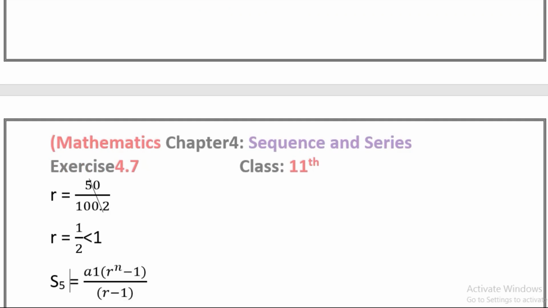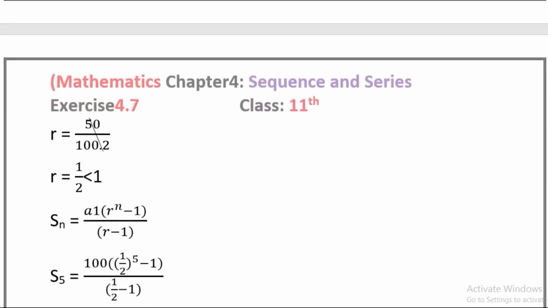Next, by using the Sn formula, Sn is equal to A1 into (R^n minus 1) divided by (R minus 1). So by putting the values, n is equal to 5. So S5 is equal to A1 is 100 into (R is 1 divided by 2) whole power n, so n is equal to 5, minus 1, divided by R minus 1.